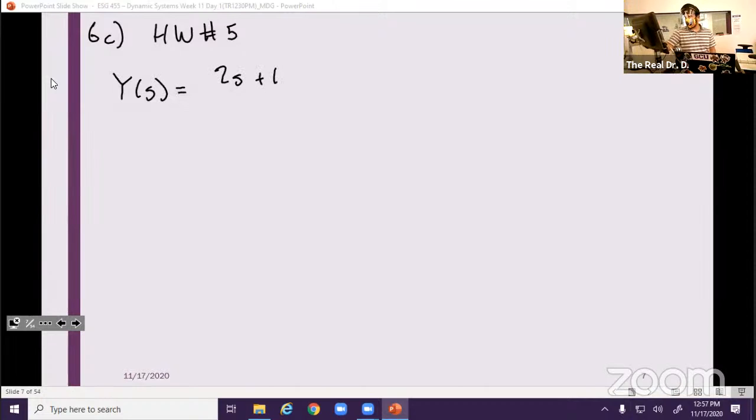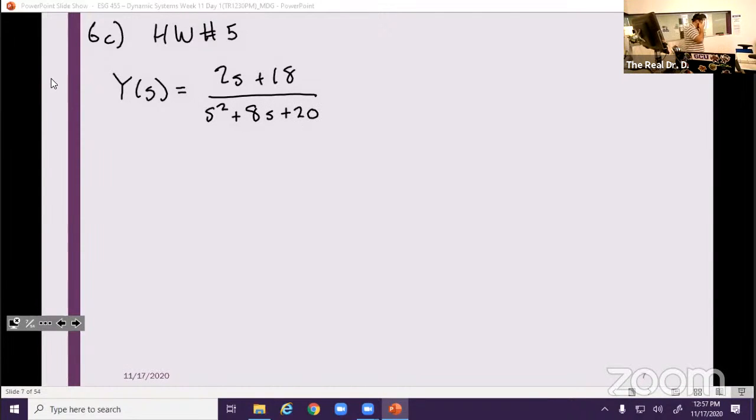So this is problem 6C from homework 5. We were given Y of s equal to 2s plus 18 over s squared plus 8s plus 20.